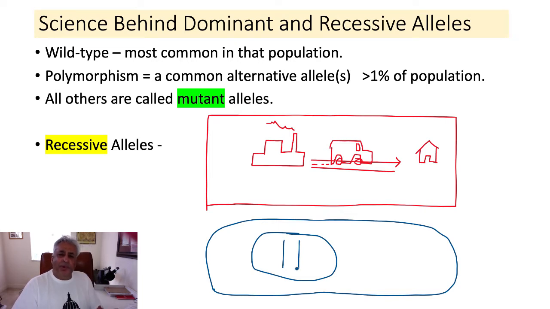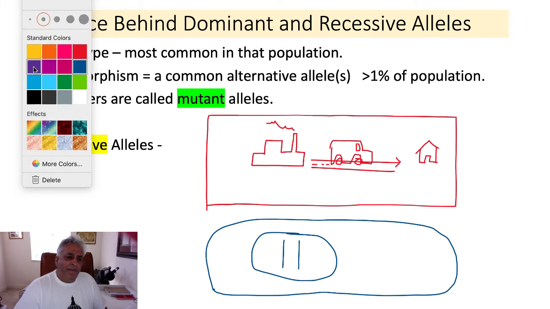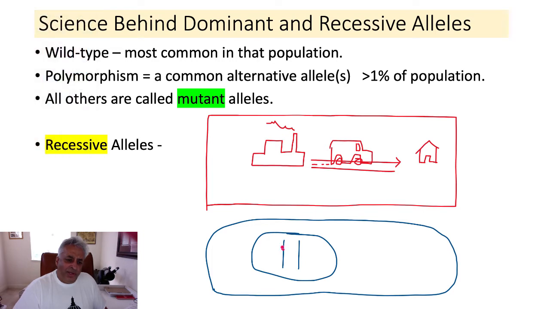So this is a diploid cell from a eukaryote. Let's assume that on the surface of that DNA, we have two genes. One gene is right here, and the counterpart on the other chromosome is right there. And in this case, the two alleles are different.